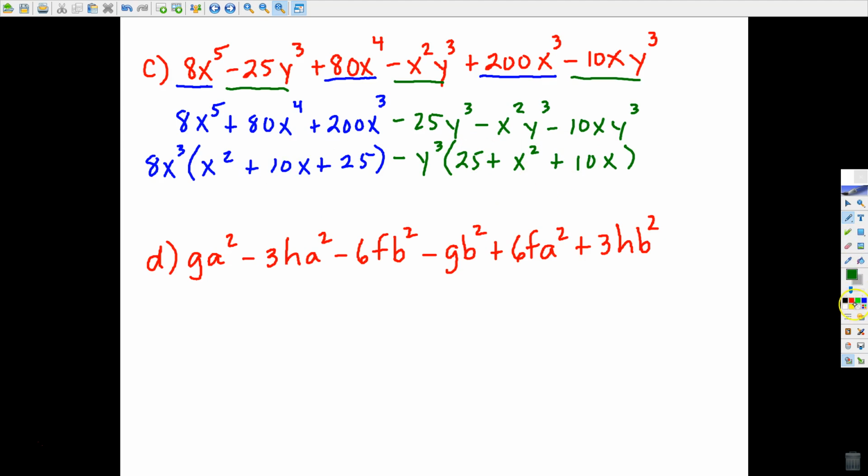Okay, so let's go down and put the terms that are not in parentheses together and the terms that are in parentheses. So we're not really even close to being done because in this group I've got the difference between two perfect cubes.